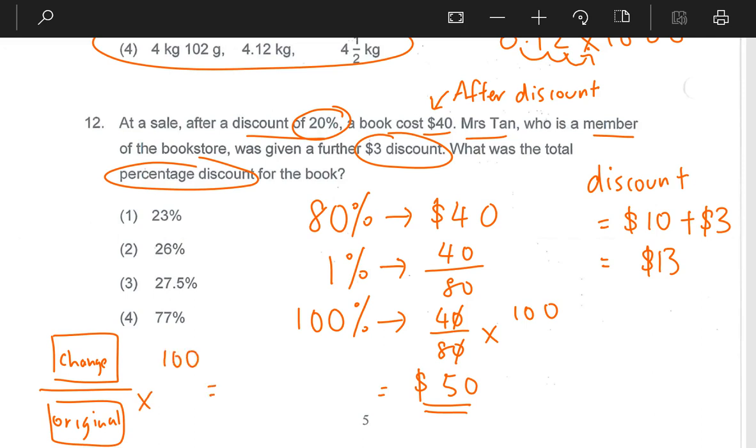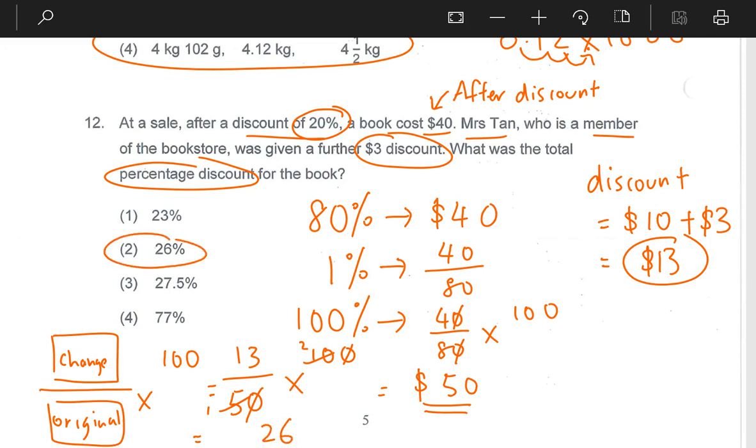So the change is actually the $13. $13 is the amount that has changed over the original price, which is 50, multiplied by 100. Now if you cancel your zeros and so on, 5 and 10 makes 1 and 2, gives you a total of 13 times 2, 26% as your answer.